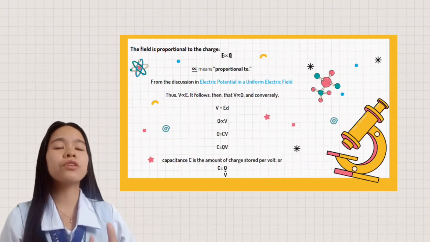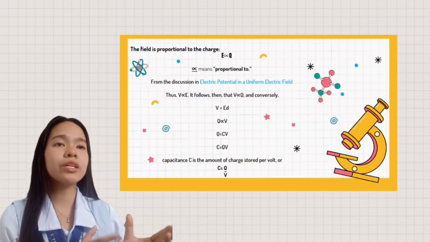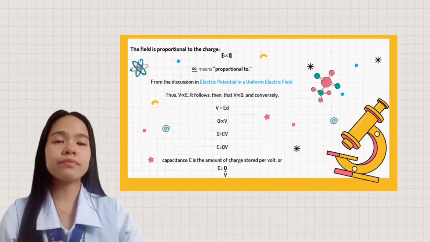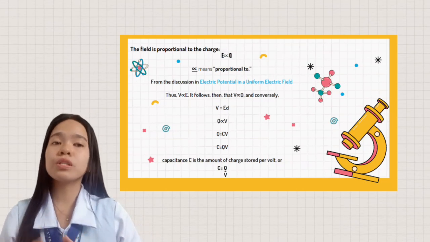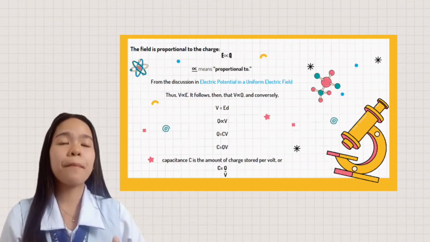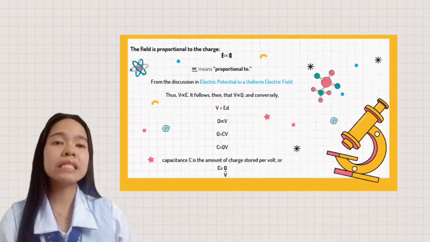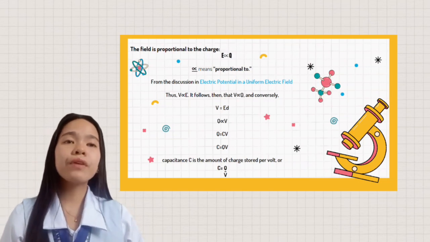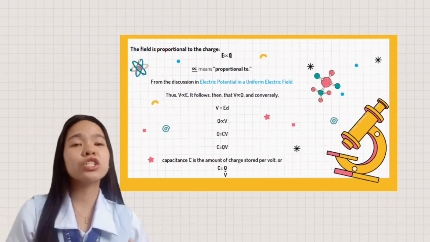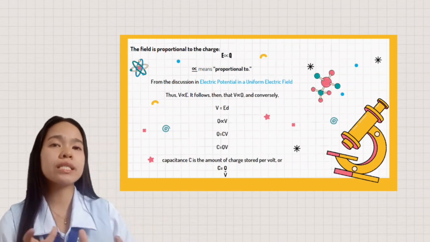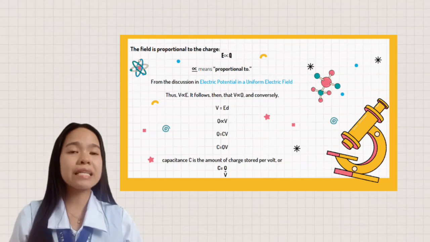The greater the voltage applied to any capacitor, the greater the charge stored in it. Different capacitors will store different amounts of charge for the same applied voltage, depending on their physical characteristics. We define the capacitance such that the charge stored in the capacitor is proportional to capacitance.